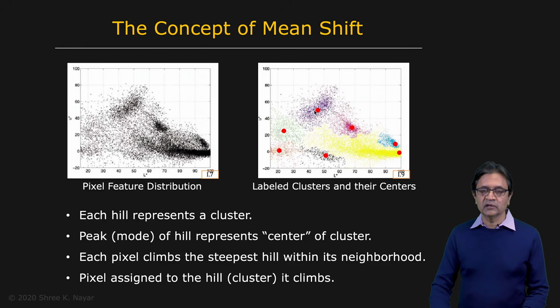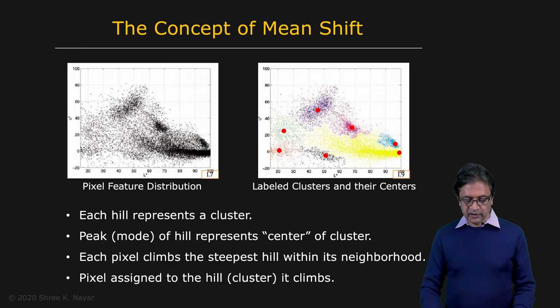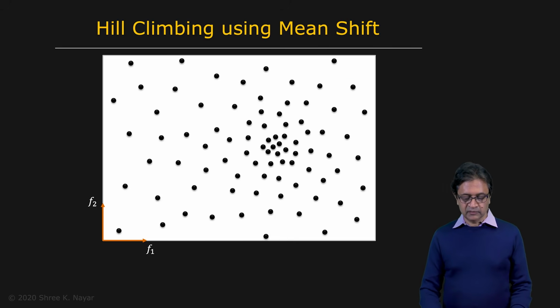So now let's take a look at an algorithm for achieving this. It's actually a very simple algorithm. Let's assume that you're in a two-dimensional feature space. Again, it doesn't have to be two-dimensional, it can be high-dimensional. And let's say that this is a sample pixel. We want to find the hill that this pixel belongs to. In other words, the cluster it belongs to.